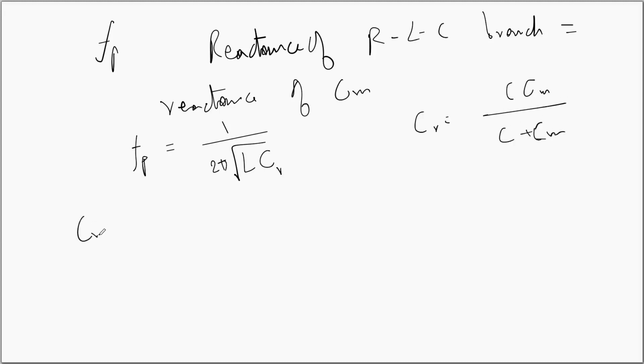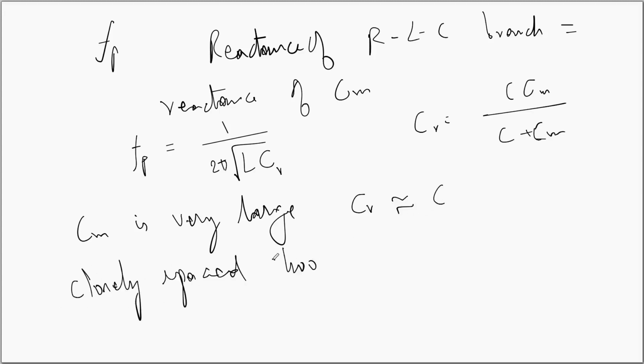Since Cm is very large, Cr is approximately equal to C. So thereby we have two closely spaced resonant frequencies for the crystal.